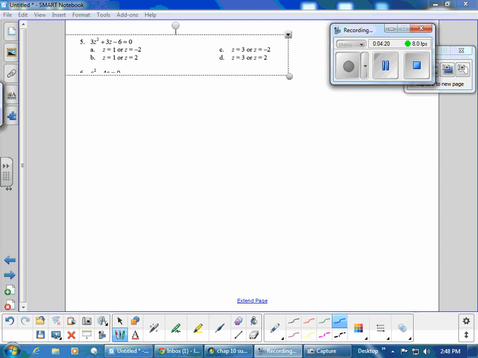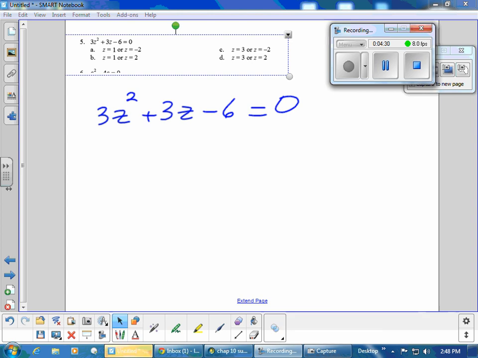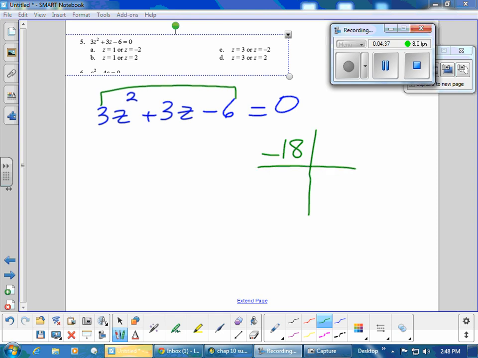Okay, number 5, there's different ways to solve this. I'm going to solve this the long way, the long method, because most people know the long method. Okay, the long method says multiply the first and the last. So that's going to be negative 18. And we're looking for the factors of negative 18 that add up to 3.